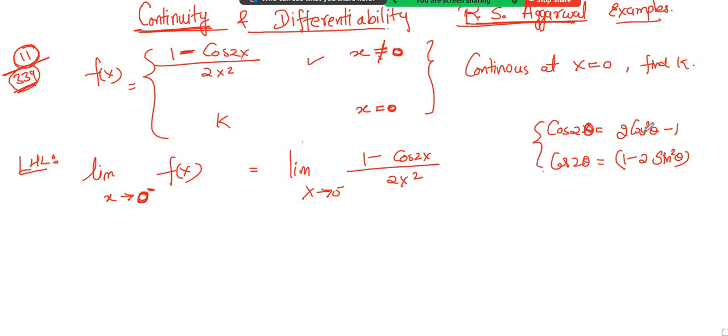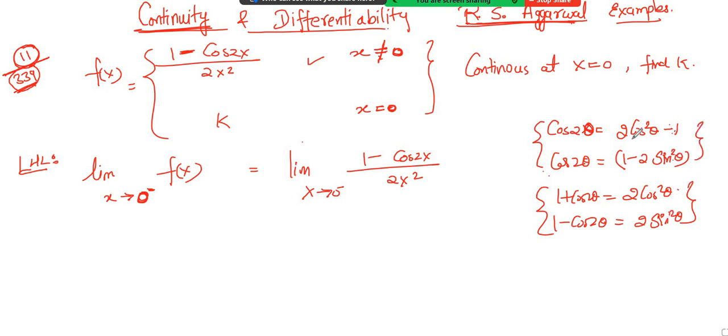Using these two formulas, we have two more formulas: 1 plus cos 2 theta is 2 cos square theta, and 1 minus cos 2 theta is 2 sine square theta. Please always mention the formulas you are going to use.